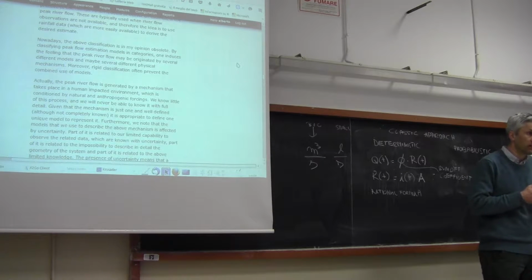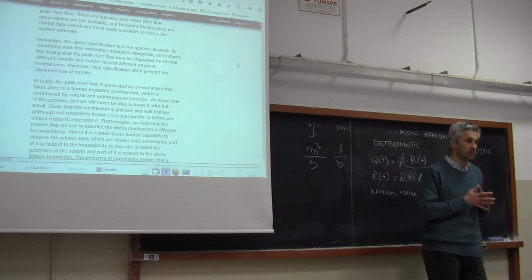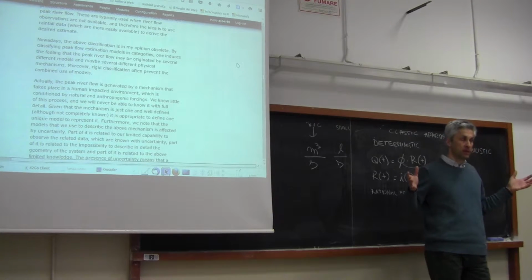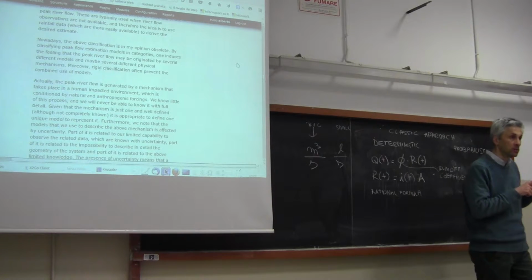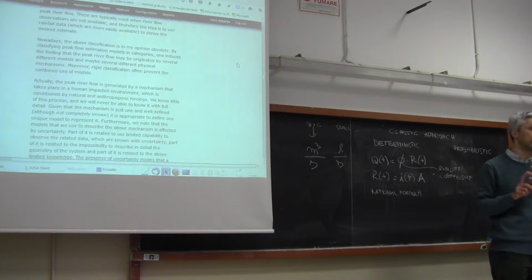How can you define the geometry of the system? It's impossible. And another reason, as I mentioned to you, is that we don't know how these processes take place. We don't really know if the water flows over the ground or in the underground. So all these factors contribute to create uncertainty.